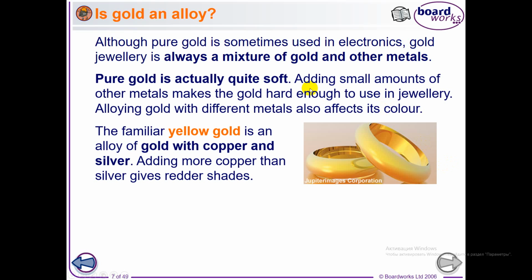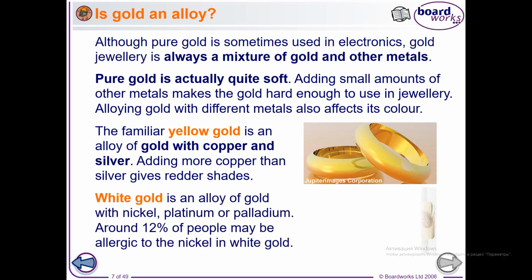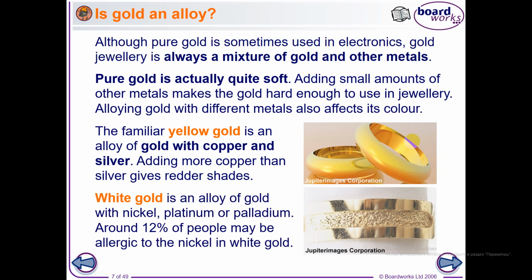The familiar yellow gold is an alloy of gold with copper and silver. Adding more copper than silver gives redder shades. Yellow gold. And this is a white gold.